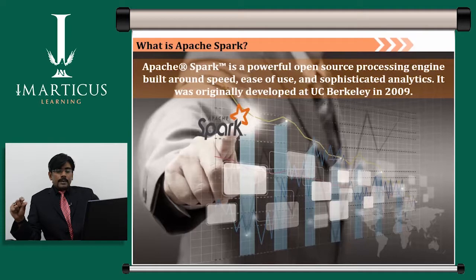Its proponents claim that Spark running in memory can be around 100 times faster than Hadoop MapReduce, and around 10 times faster on disk. So as you can see, the speed of Spark is way faster than the Hadoop MapReduce model.